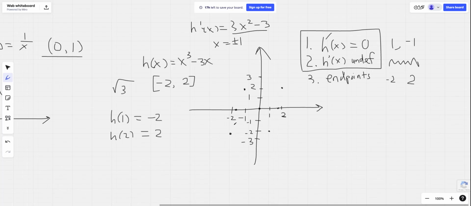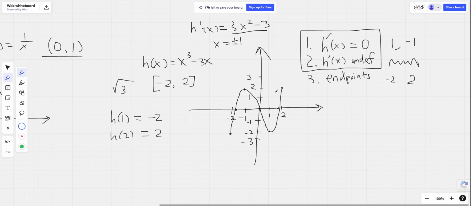And positive and negative 1 are where the derivative is 0. So if you take a look at how that looks, if the derivative is 0, that means it's increasing on one side and decreasing on the other. That's the visual way of seeing why where the derivative equals 0 is a critical point.